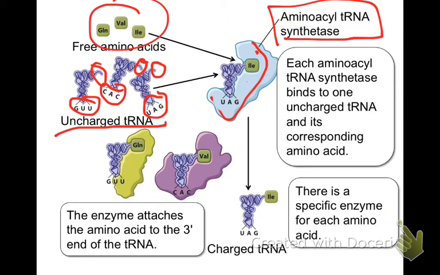This blue one will always pick up a tRNA with a UAG anticodon and bind it to an isoleucine amino acid. Boom. Always. And then down here, this particular aminoacyl tRNA synthetase will bind to tRNAs that have this particular anticodon and bind it specifically to this particular amino acid. So as you can see, I have multiple synthetases that are going to bind the appropriate amino acid to the tRNA.